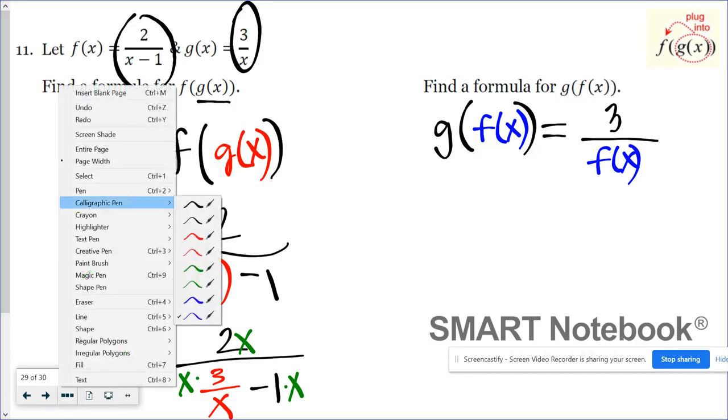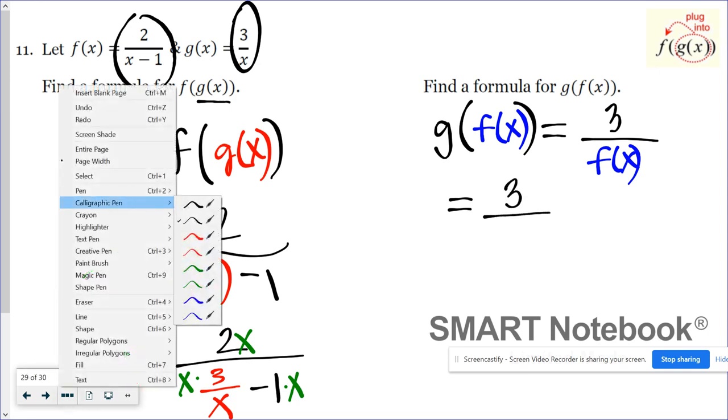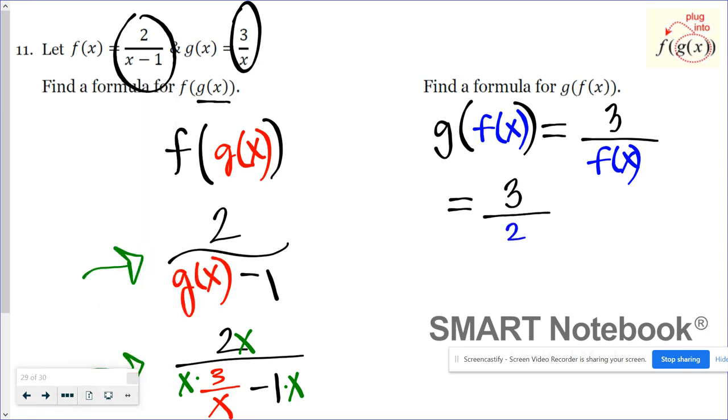So let's actually make the substitution of the rule. So now I have 3 over f of x. Well, f of x is the function 2 over x minus 1. So once again, this is a complex fraction. I'm not allowed to leave it like this. Who's causing all the problems here? That's right.